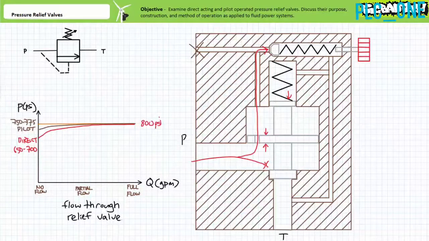Given the same pressure set point of let's say 800 psi, a direct acting pressure relief valve might have a cracking pressure of 650 to 700 psi, whereas a pilot-operated pressure relief valve might have a cracking pressure of maybe 750 to 775 psi. Actuators operating at regions near the pressure limit using the pilot-operated pressure relief valve wouldn't suffer lags in speed as they would with a direct acting pressure relief valve with noticeably larger pressure override.